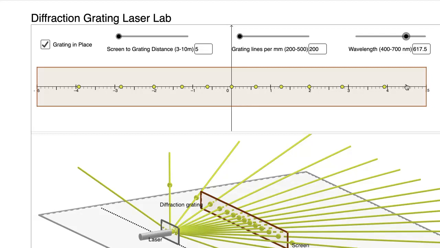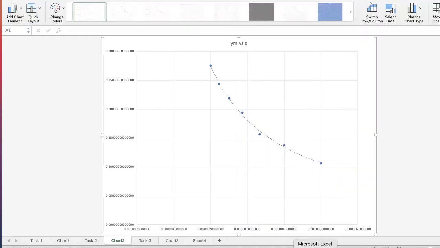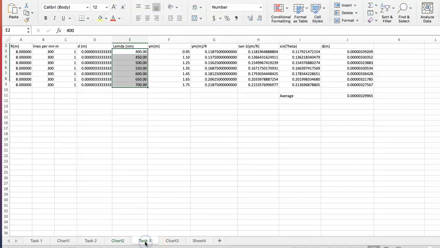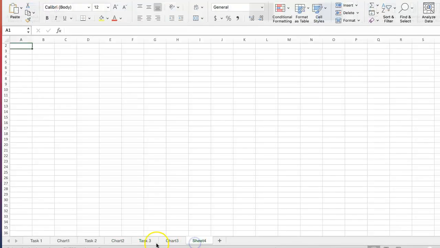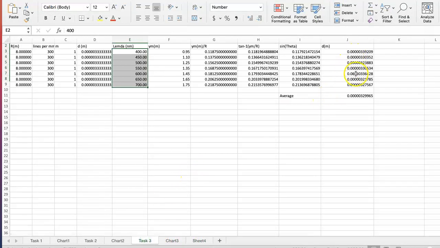Here we will not calculate the wavelength. Since I'm changing the wavelength, I will calculate my average d, because remember we fixed d here, which is the distance between the slits or the lines. Therefore I'm going to get values for d that should be similar, and I'm going to find the average.